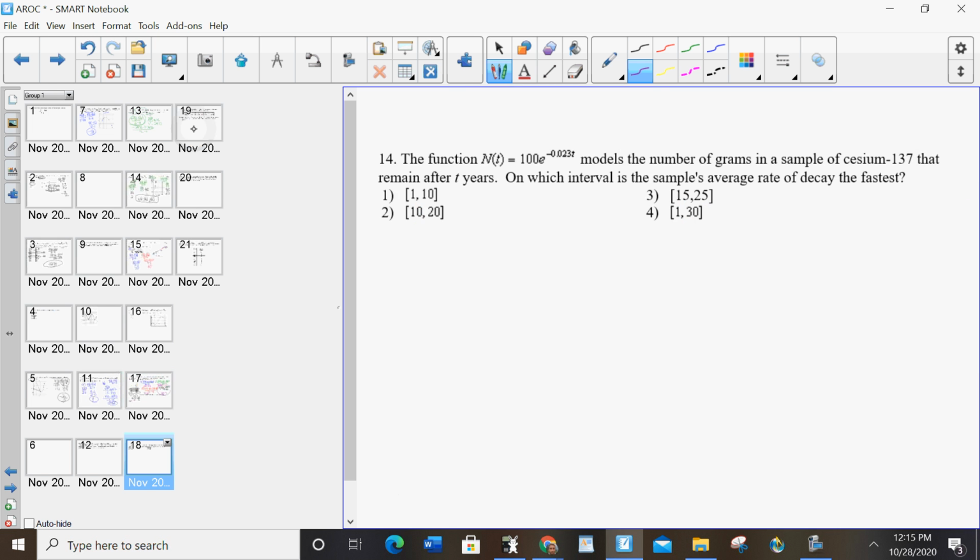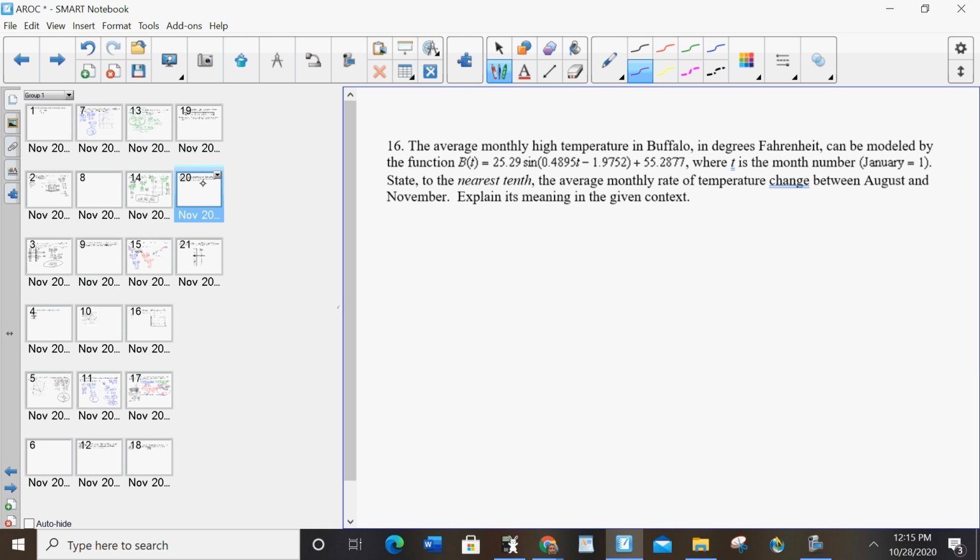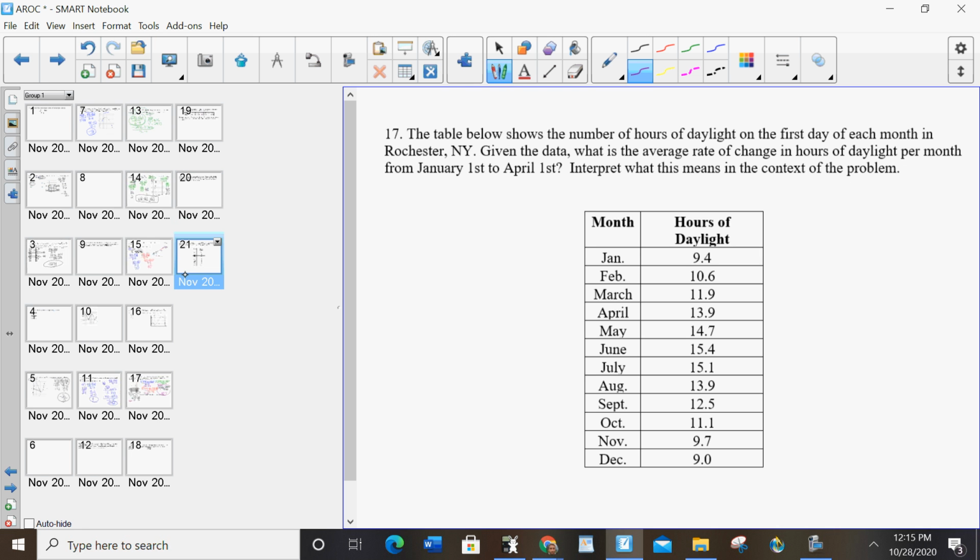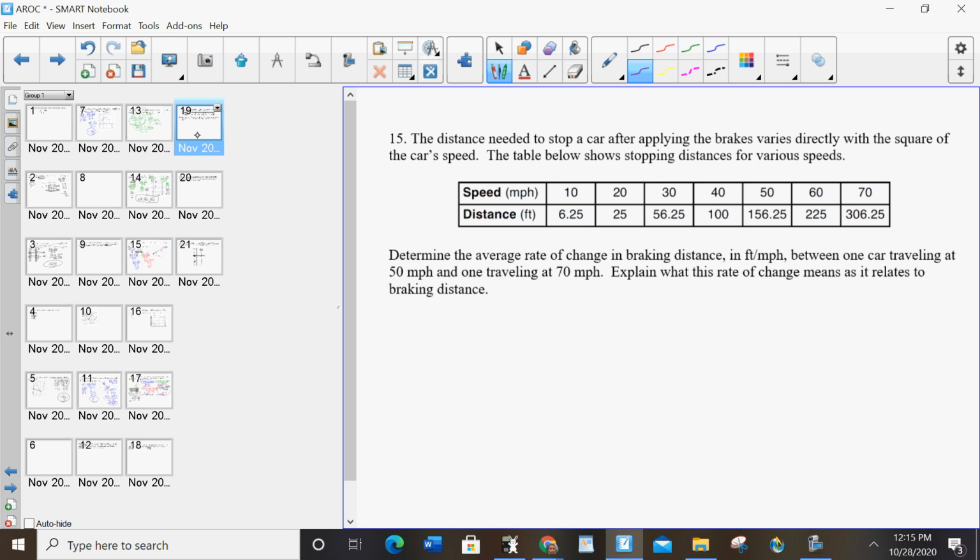Same thing. Let's just talk about one more thing, explaining its meaning in the given context. So it wants the average rate of change from 50 to 70. So why don't you pause this and calculate the average rate of change from 50 to 70.